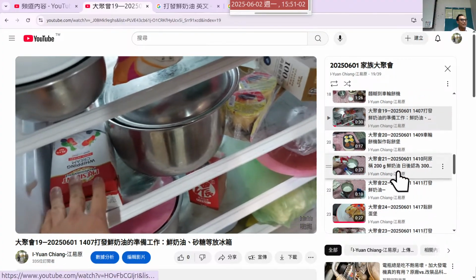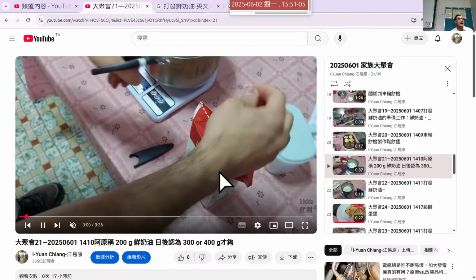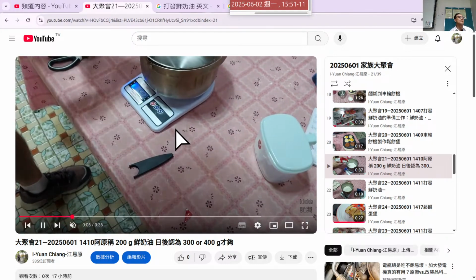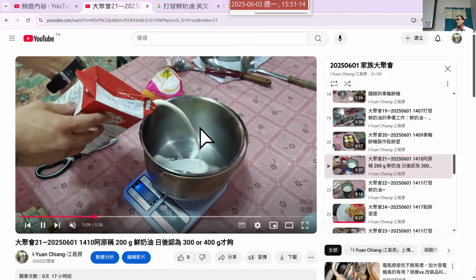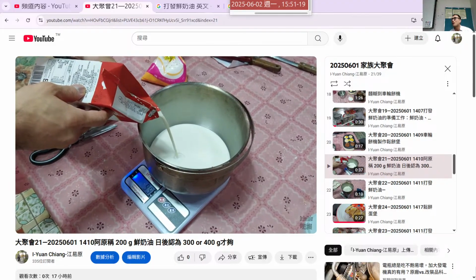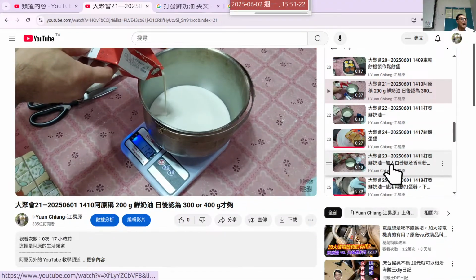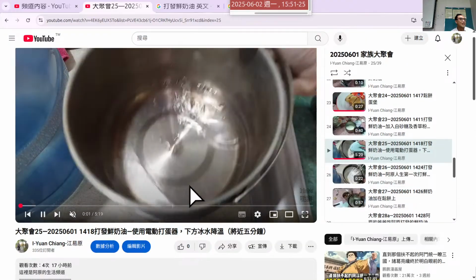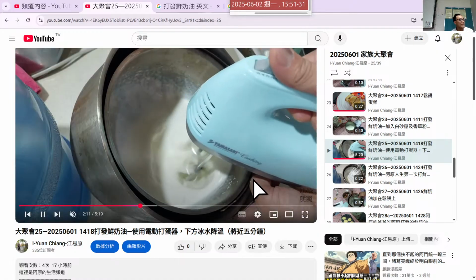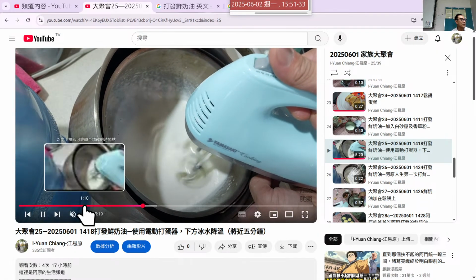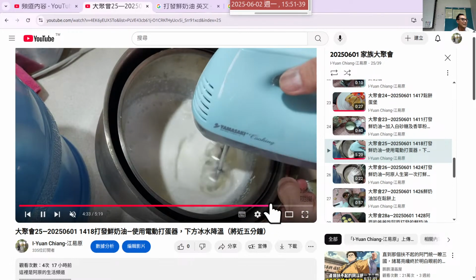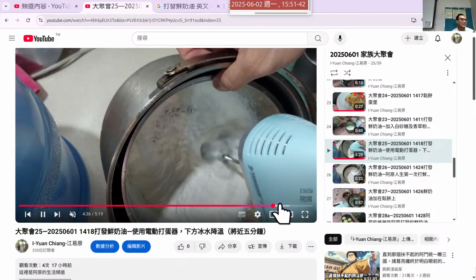Then I weigh 200 grams of cream here and 20 grams of sugar and 2 grams of vanilla powder. Then I use the egg whisk to whip it. In the beginning, it looked like oil in the milk, but later, see, it becomes cream.